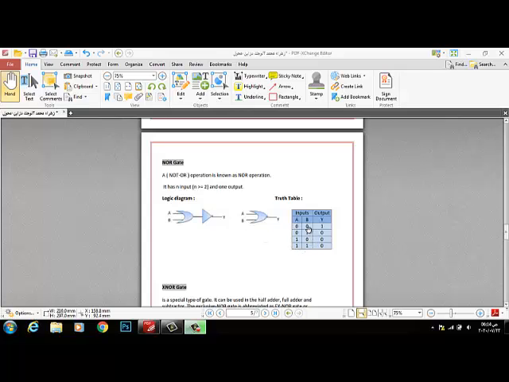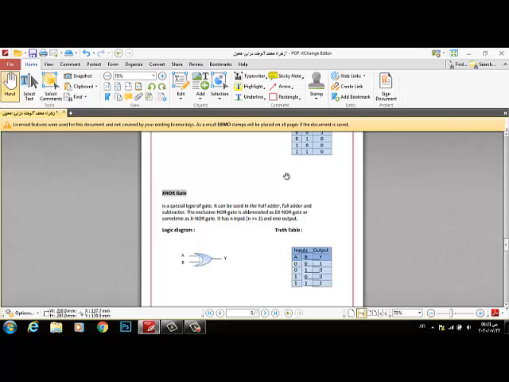For example, we put 0 and 0, we say 0 plus 0, and the result was 0. Invert was 1. The last one, we say 1 plus 1 makes 1, and the invert was 0.